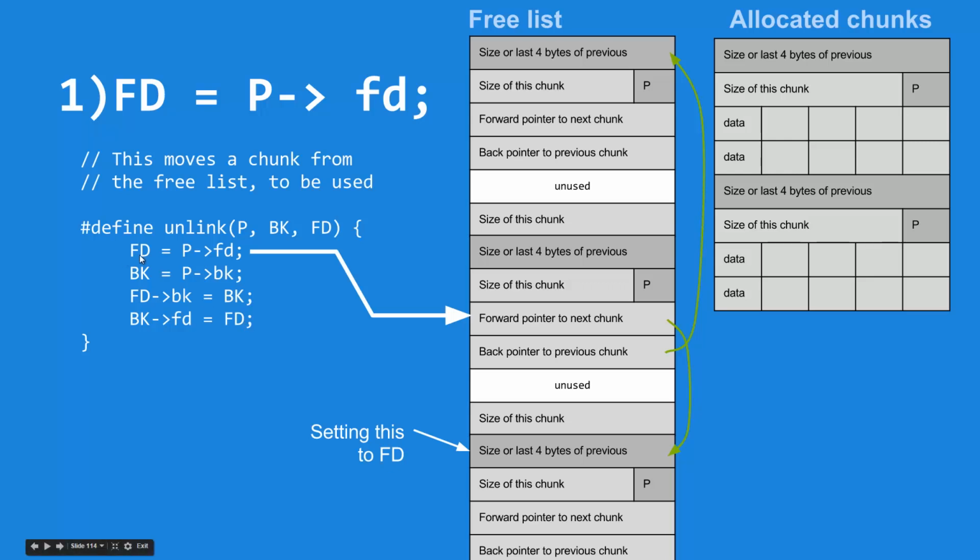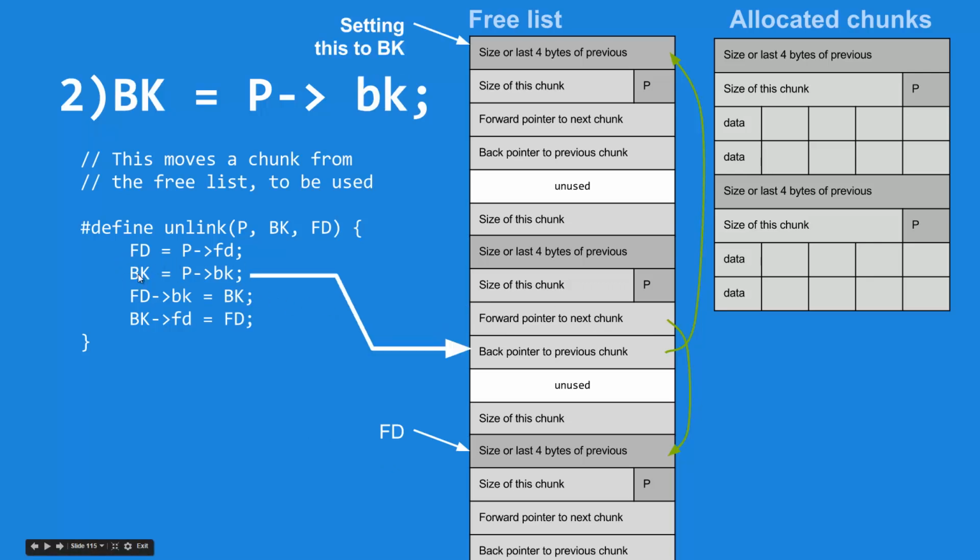So the first line of code that's going to run is going to access P sub FD, the forward pointer here, and save that to this temporary variable FD. Similarly, we're going to do the same for the BK pointer to store whatever the previous chunk is going to be. So now we have BK pointing here and FD pointing here.